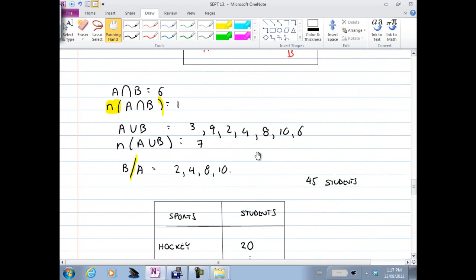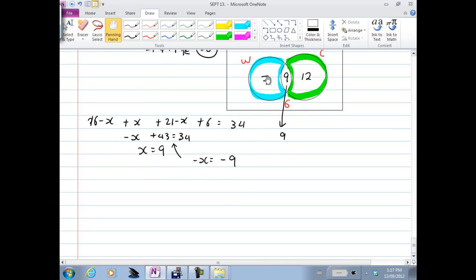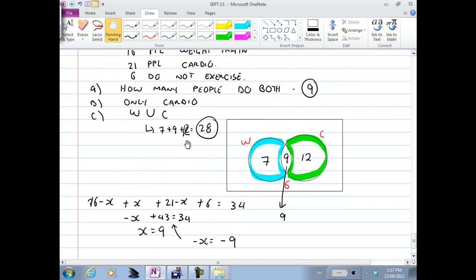So add all the numbers up in those 2 circles: 7 plus 9 plus 12, I would get 28. I don't add the 6 because it's only W union C.